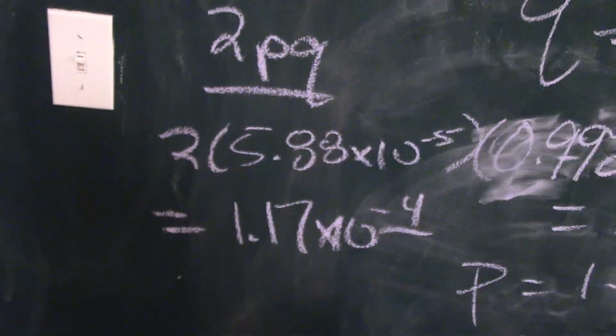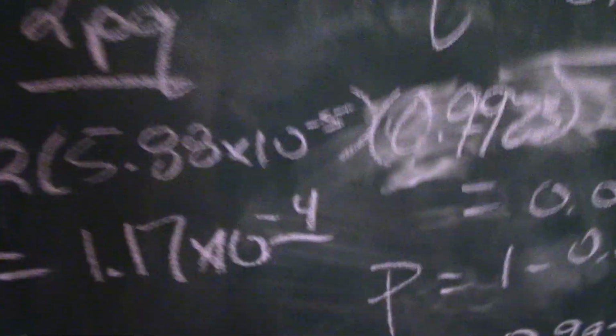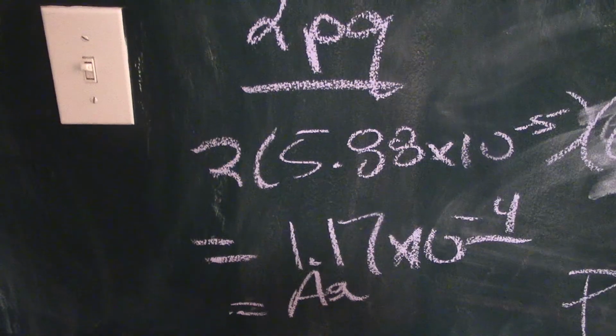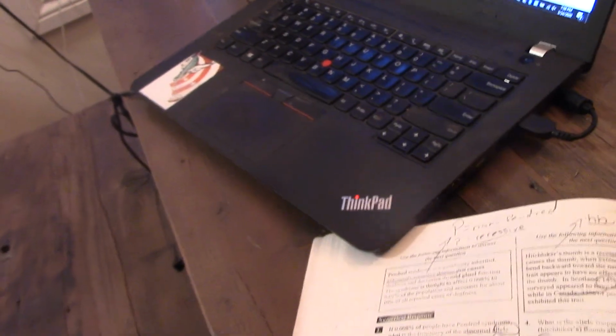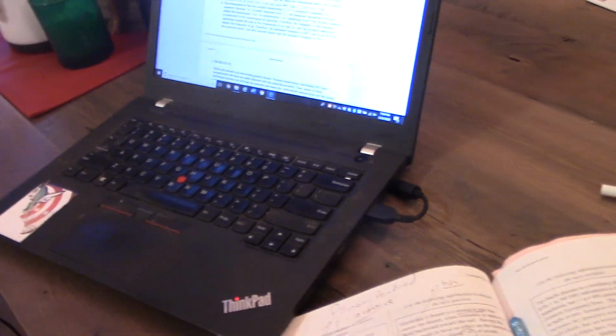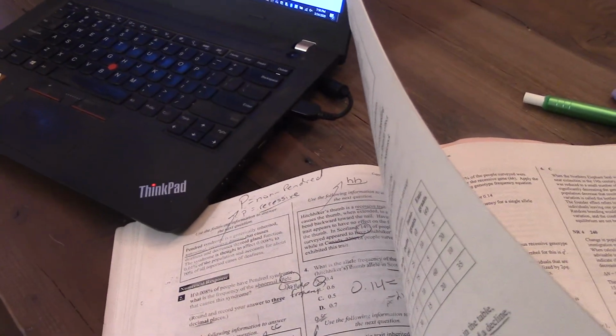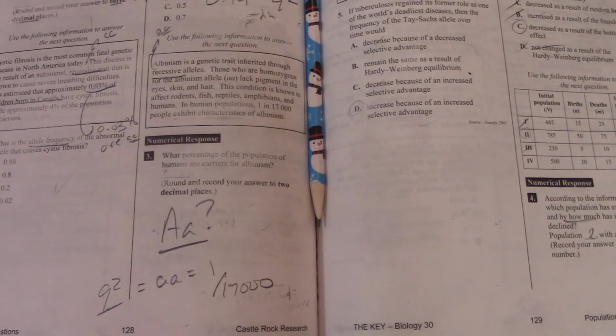So that is the amount of individuals that will be carriers. And that equals big A, little a.